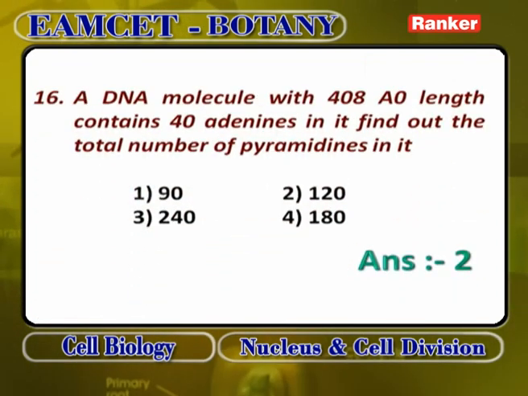A DNA molecule with 408 angstroms length contains 40 adenines. Find out the total number of pyrimidines.